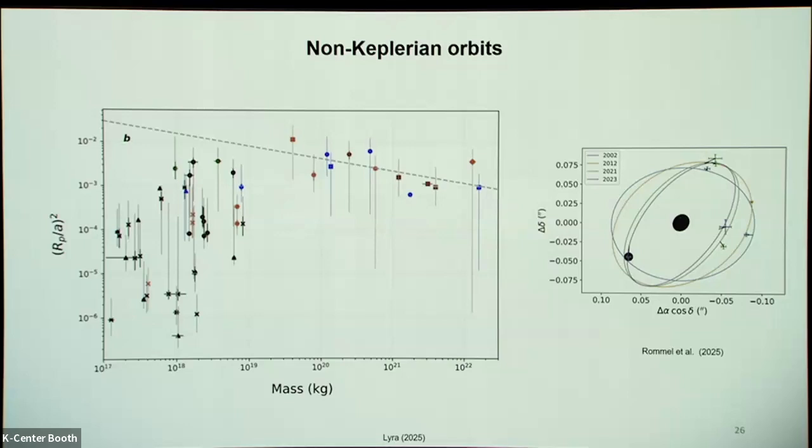So I'm plotting here the radius of the object over the semi-major axis of the binary, which is a proxy for how strong the non-Keplerian effect will be, because this is the coefficient of it, the distance factor of the J2, the strongest non-Keplerian term.